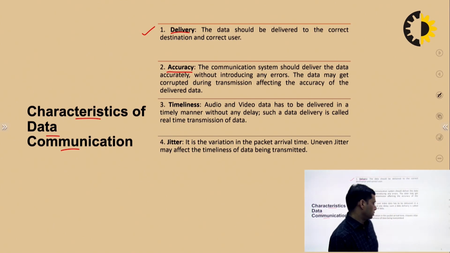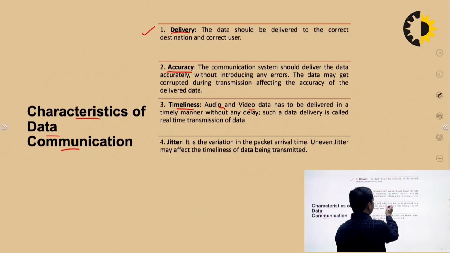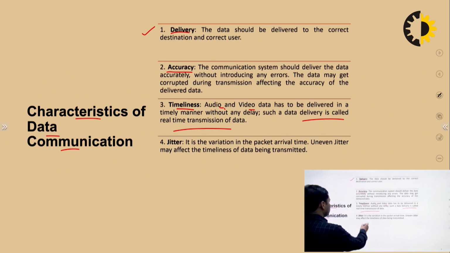Next is timeliness. Audio and video data has to be delivered in a timely manner without any delay. Such data delivery is called real-time transmission of data. Then the next one is jitter.